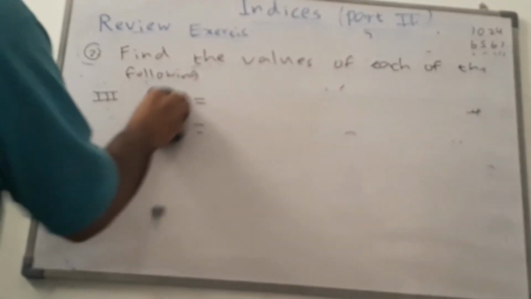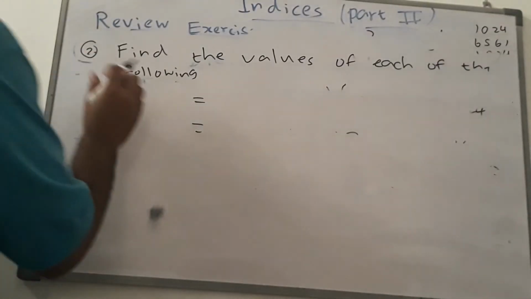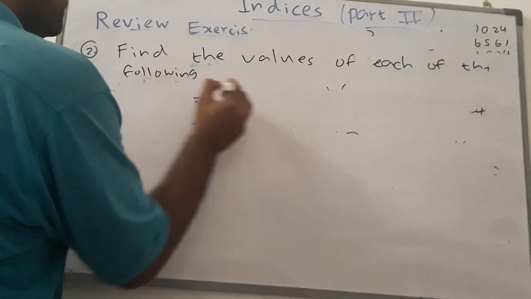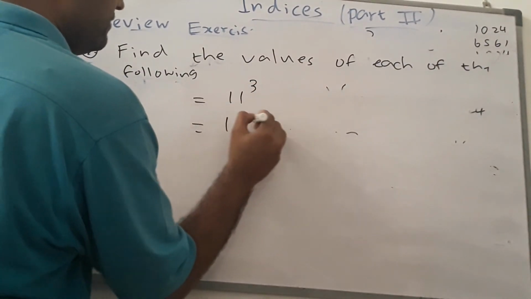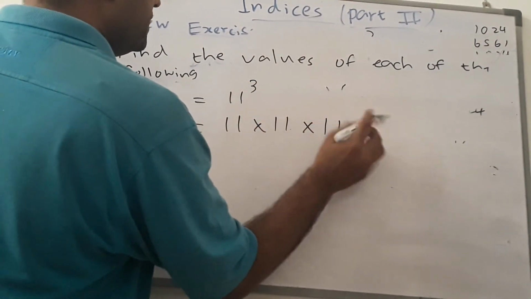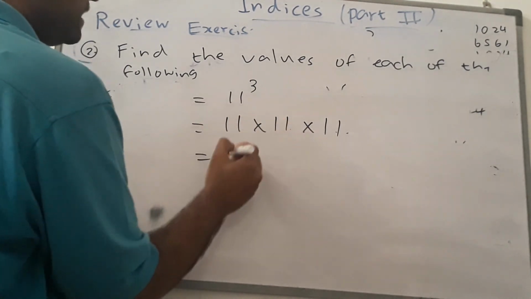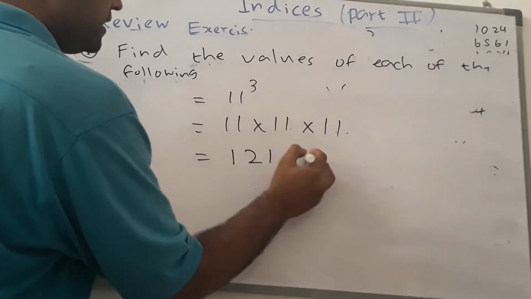11 to the power 3. That means 11 times 11 times 11. 11 times 11 means 121, times 11.